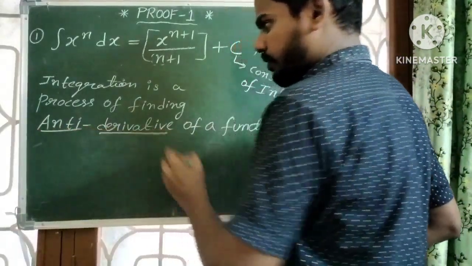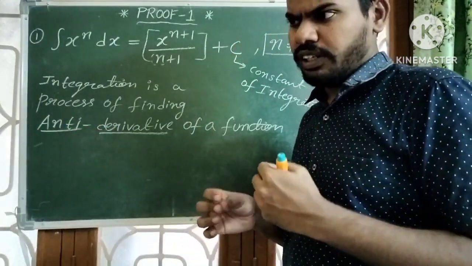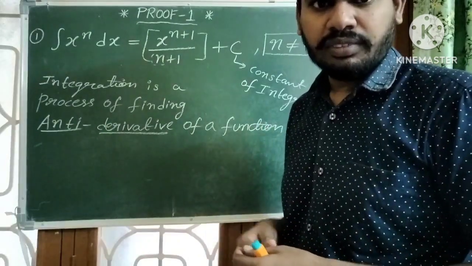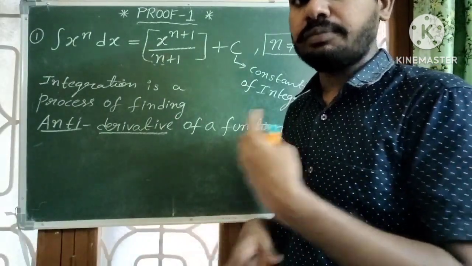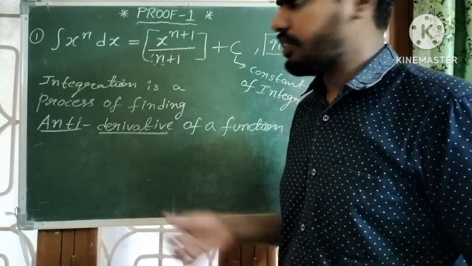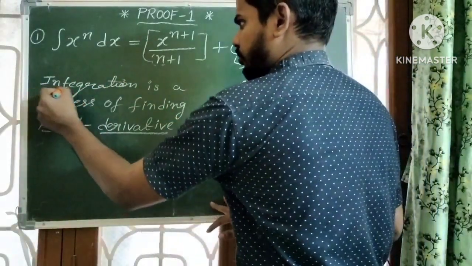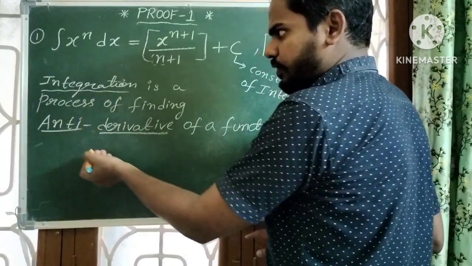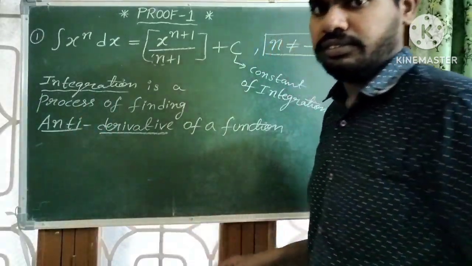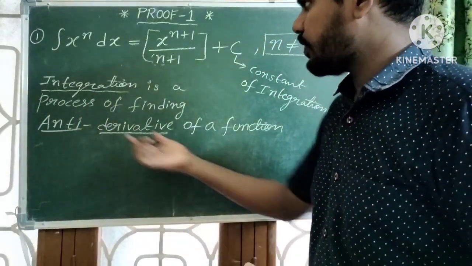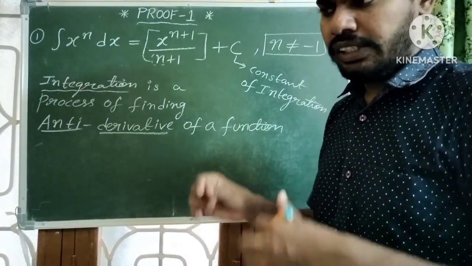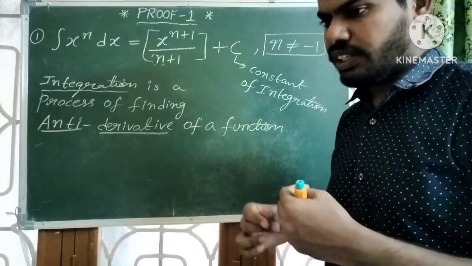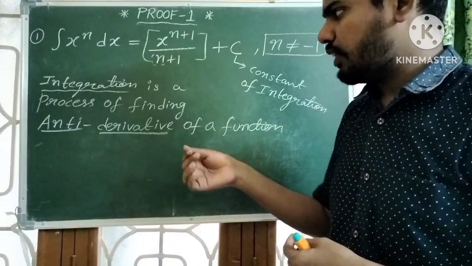Reverse process of differentiation is called integration. So reverse process of differentiation is nothing but antiderivative. Finding the antiderivative of a function is called integration. So integration is the reverse process of differentiation.